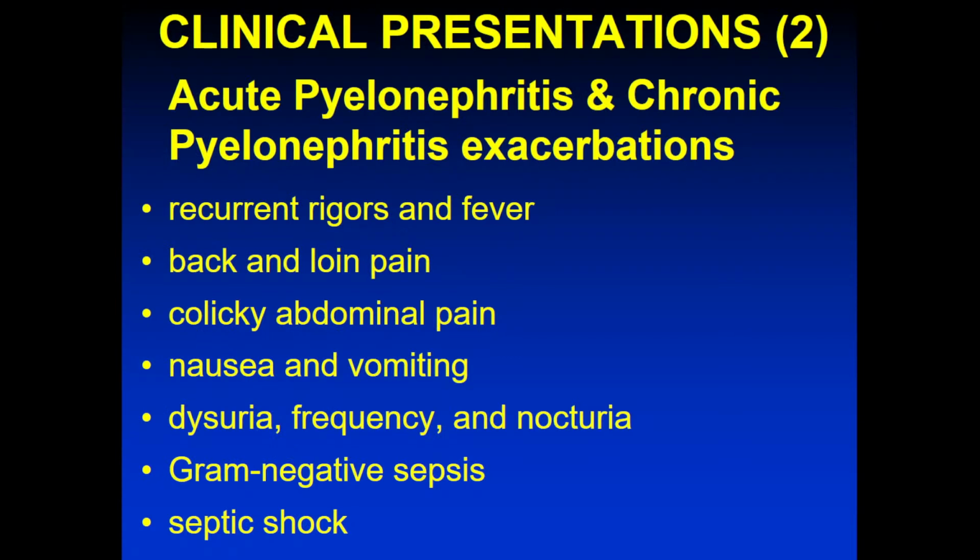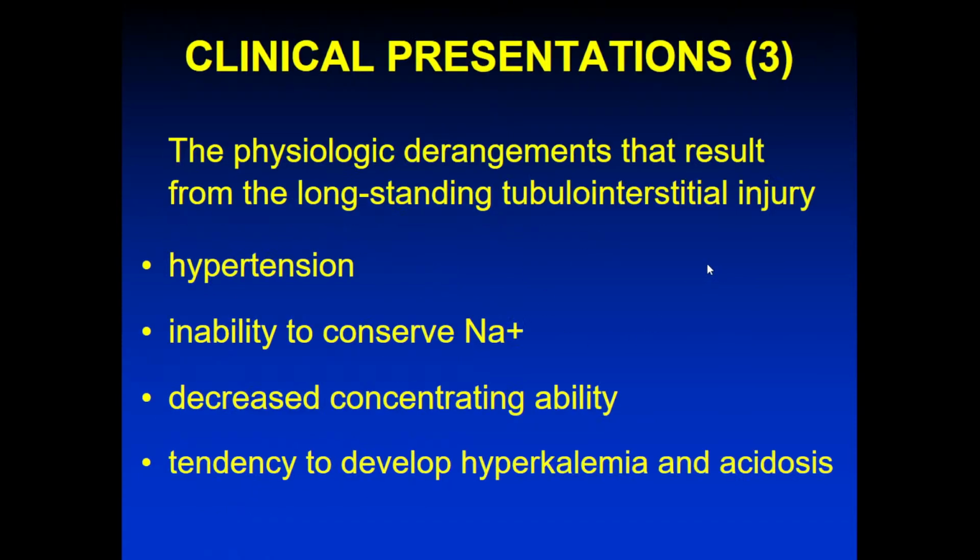Clinical presentations in acute pyelonephritis and in chronic pyelonephritis exacerbations look this way: recurrent rigors and fever, back and loin pain, colicky abdominal pain, nausea and vomiting, dysuria, frequent urination, nocturia, and gram-negative sepsis and septic shock in some very advanced cases.